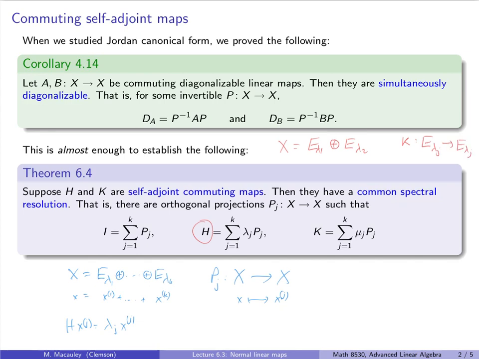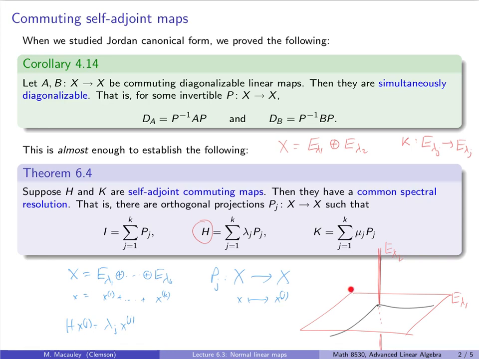So let me draw a picture, and suppose that the eigenspaces of H were like the xy plane. Maybe this is E lambda 1 and also the z-axis, so this is E lambda 2. Now K commutes with H, but what we know is K maps the xy plane to the xy plane.